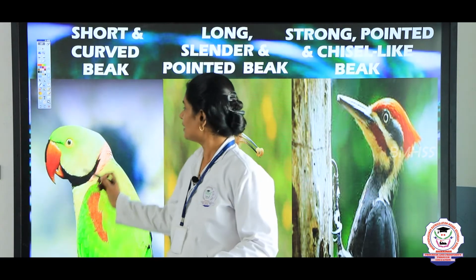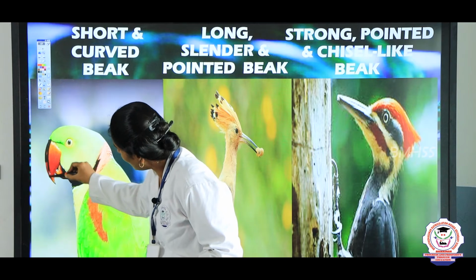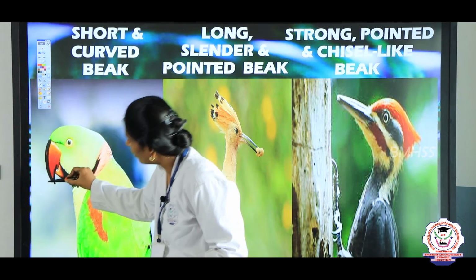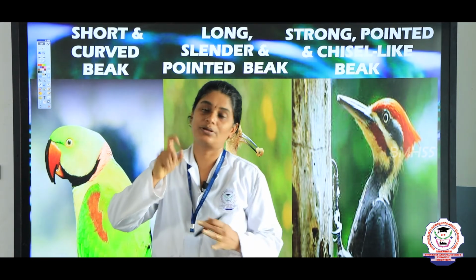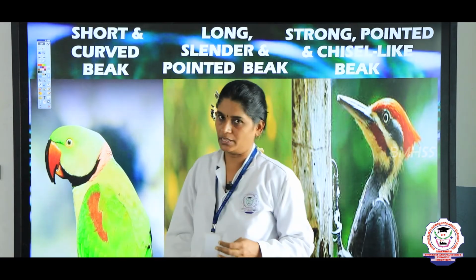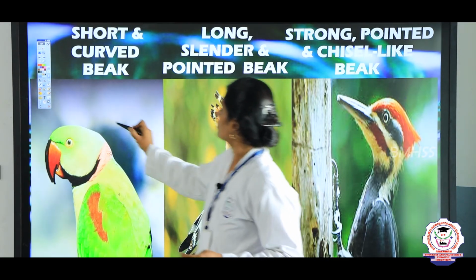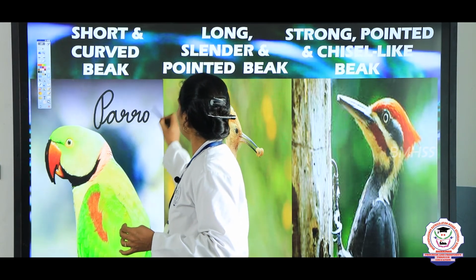Why does it have a curved beak? To crack the nuts, to crack the seeds. So it has a short and curved beak, right? Parrot is also a bird which has a short and curved beak.